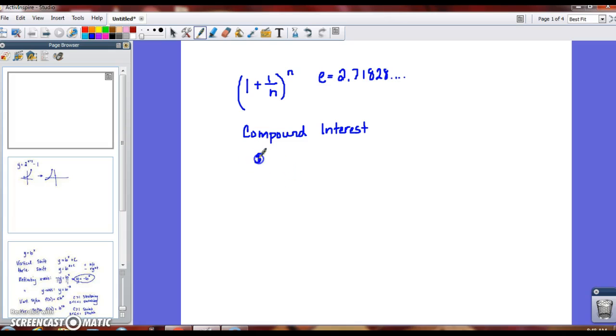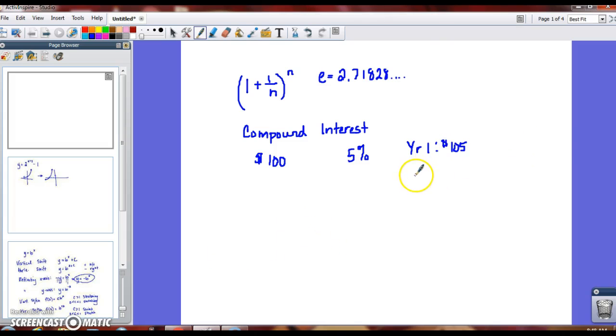If I have $100, and the bank offers you a yearly interest rate of 5%. Right? So they offer you 5% interest. Now, that means a yearly interest rate. That means at the end of year 1, you would actually have $105. That's just straight interest. Okay.